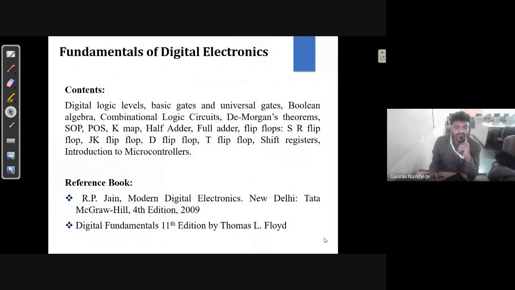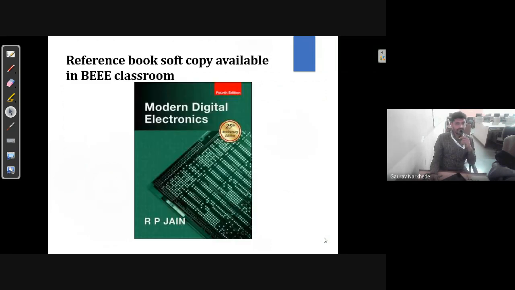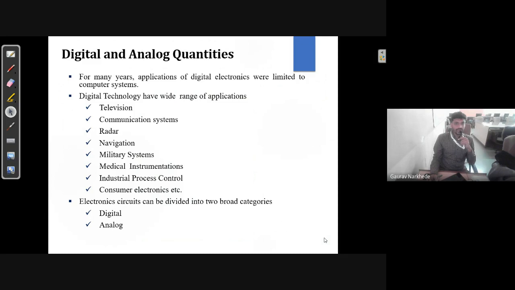For this, RPJN is a very good reference book, and these are all the contents which we will be seeing. Basically, what are digital and analog quantities? Digital technologies nowadays have a very wide range of applications, for example our cell phone, television, communication systems, radar, navigation systems. All of that depends on digital technology.